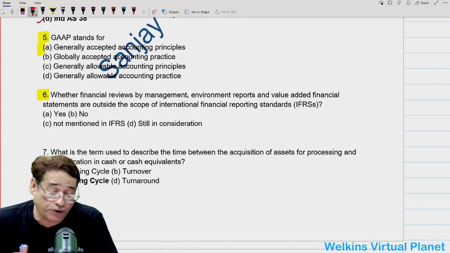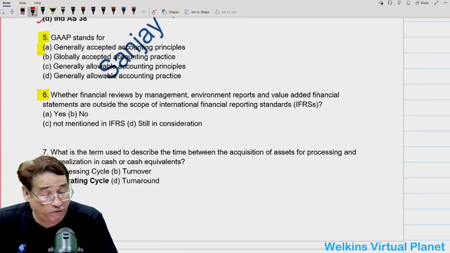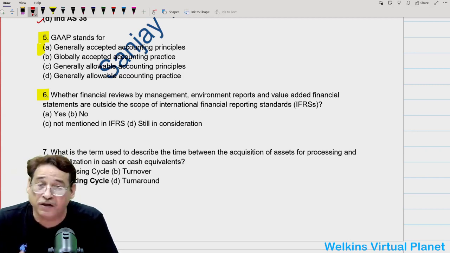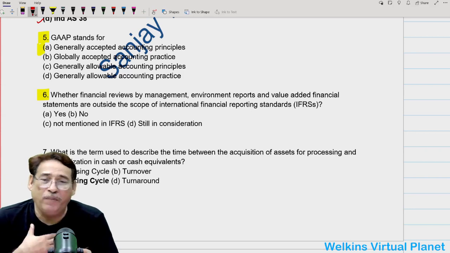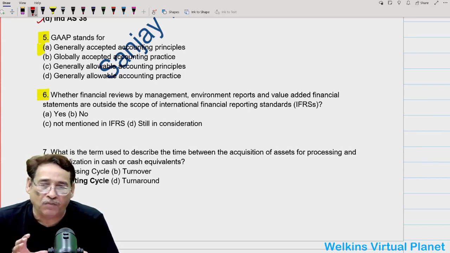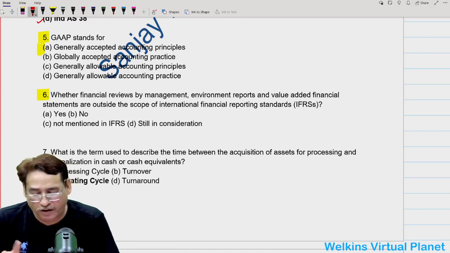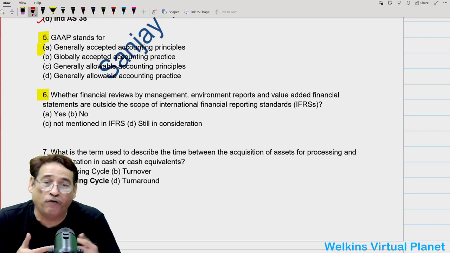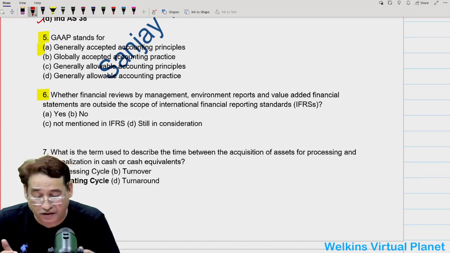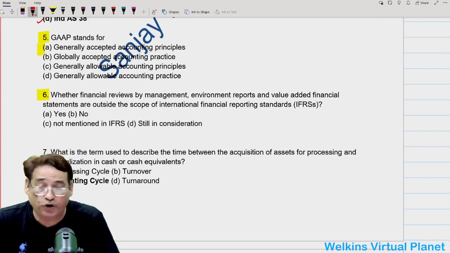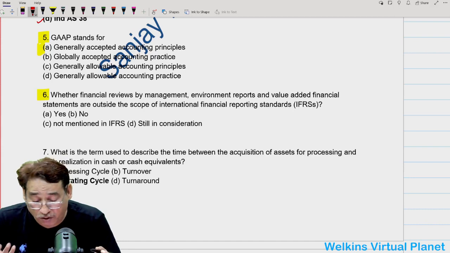Whether financial reviews by management, environmental reports, and value-added financial statements are outside the scope of International Financial Reporting Standards. We may tend to say no, because so far there is no particular standard with respect to management reviews, environmental reports, or value-added statements. So the question is asking whether these are outside the scope of the International Financial Reporting Standards.